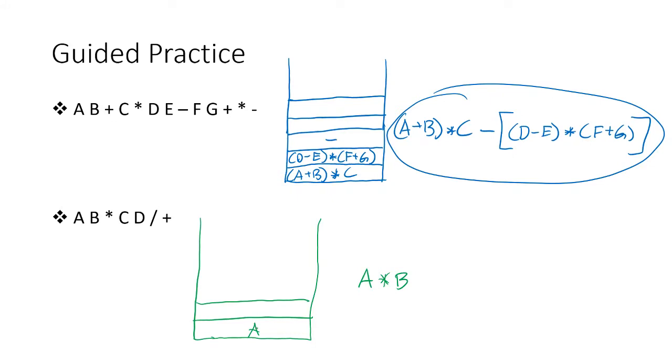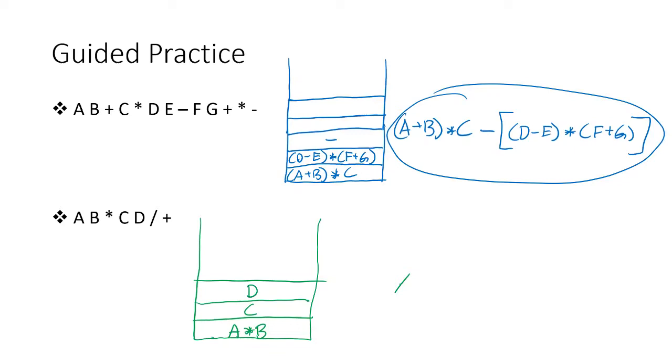A times B. Okay. Then I'm going to push on a C, push on a D, and I'm going to have to pop those off because I know the next input is a division. So division, D is going to be the first one popped off, so it's my second operand.